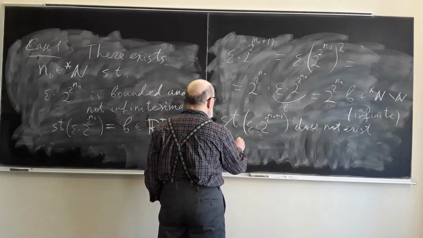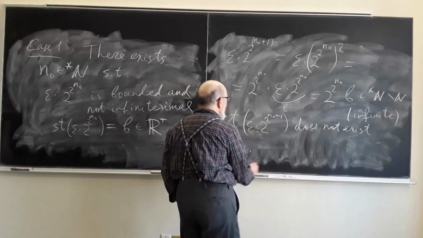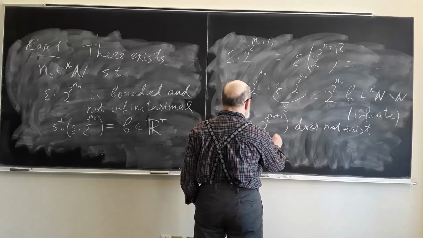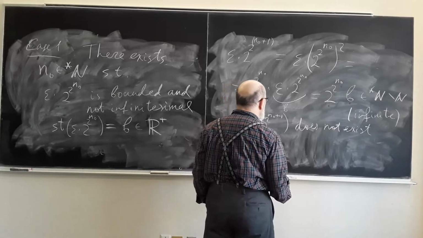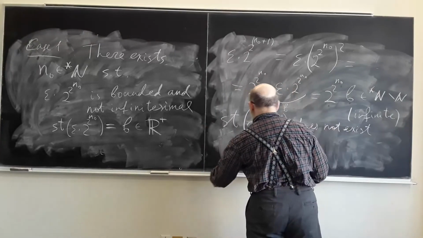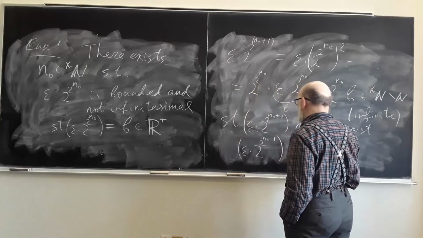Similarly, the standard part of epsilon times 2 to the power 2 to the power n0 minus 1 also does not exist.